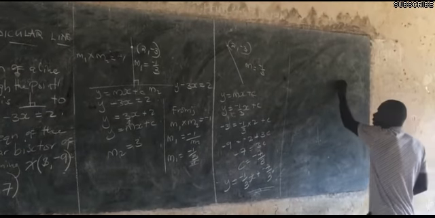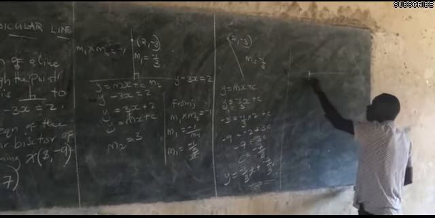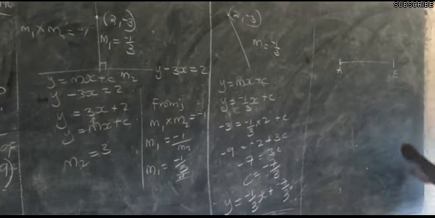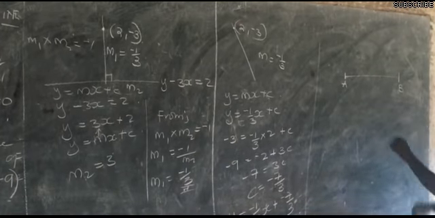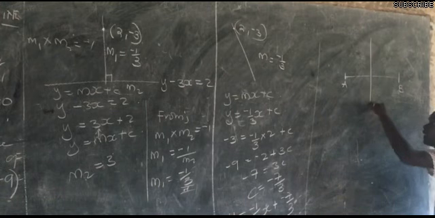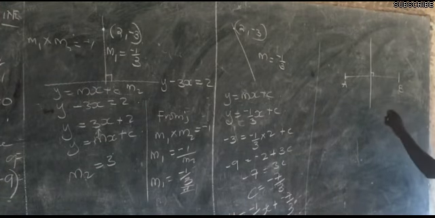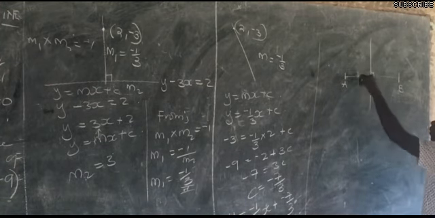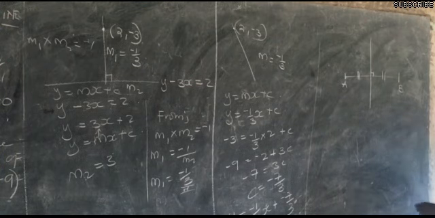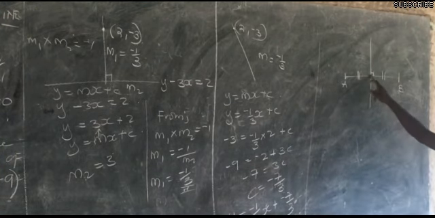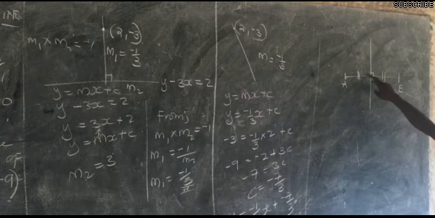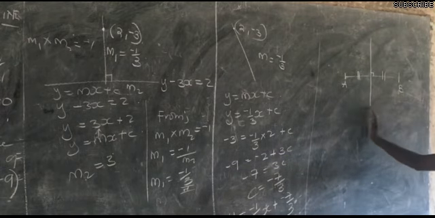When we talk about a bisector, let us assume this is A and this is B. Now this line will have a bisector, but the perpendicular bisector will divide these into equal points or equal lines, which means the distance from here to here is equal to the distance from here to here.